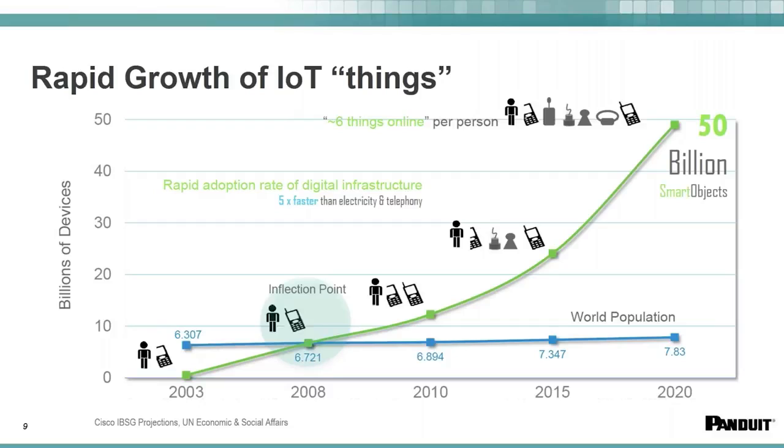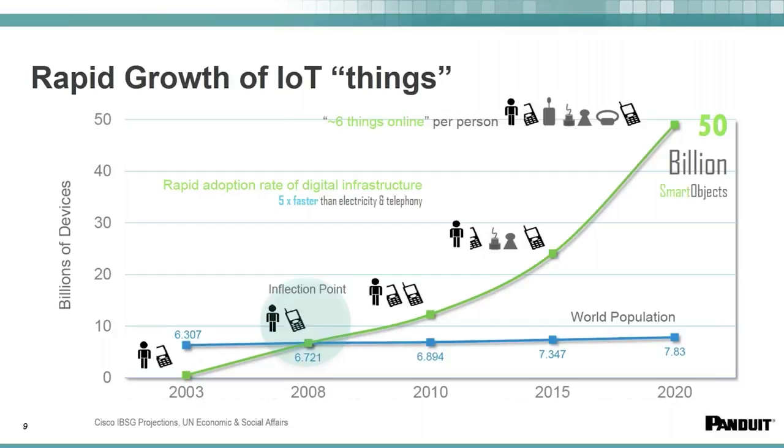In the consumer world, there are lots of devices like home security, thermostats, health monitoring, even garage door openers, coffee makers, etc. In the industrial world, we're seeing a similar explosion, and this is related to some of the wireless sensing devices. The industrial automation control systems are now leveraging some of these wireless devices.